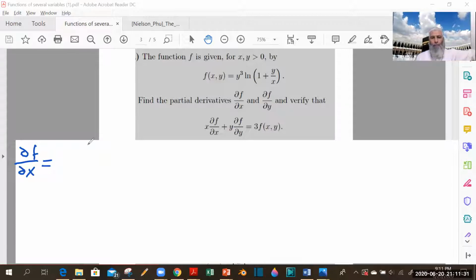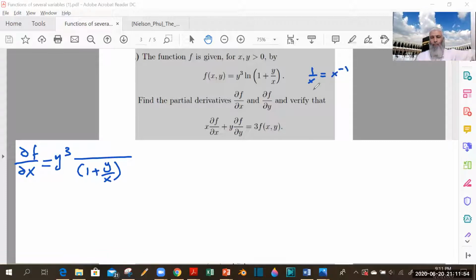So it equals y cubed, which is constant. And the derivative of ln, we will divide by the bracket, 1 plus y over x, and multiply by the derivative of the inner part of the bracket. So it is the derivative of 1 over x, which is the derivative of x to the power negative 1.